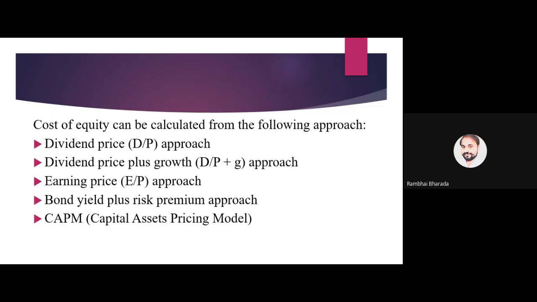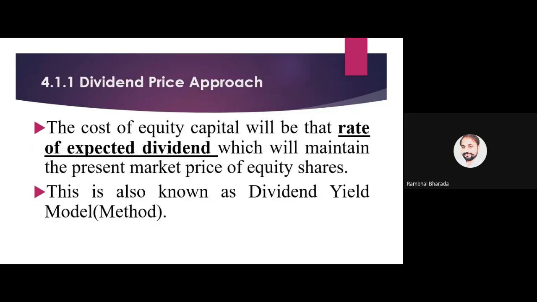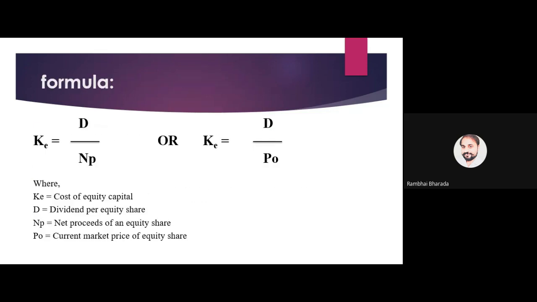So there are five methods for calculating the cost of equity capital. First one is the dividend price approach. Very simple. The cost of equity is equal to D upon P0, where P0 stands for present or current market value.